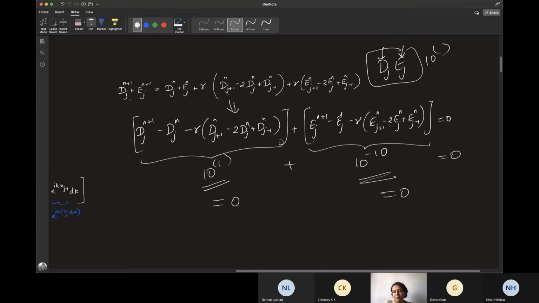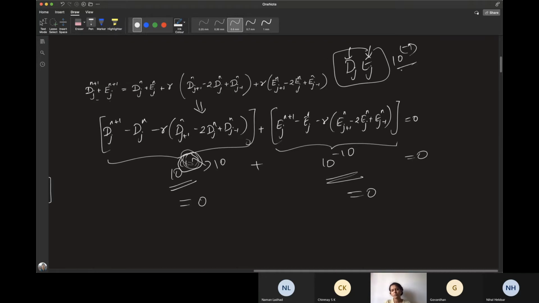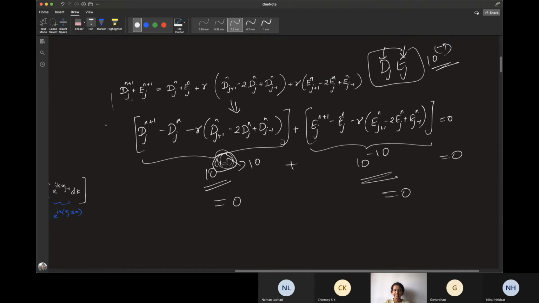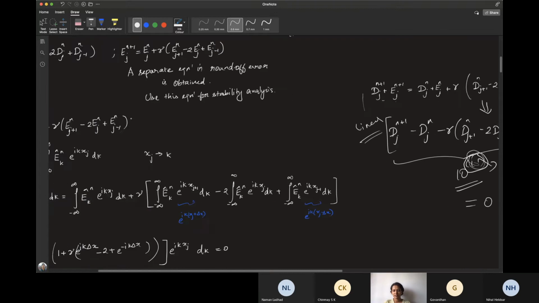It'll be 1 plus minus 10, so it'll be minus 9. In that case, we'll have some other terms coming up. This need not be just 1 all the time. It can be 10, 100, and so on. So in that case, this won't be so straightforward. This is possible only for linear systems, and this kind of argument is easy only for linear cases.